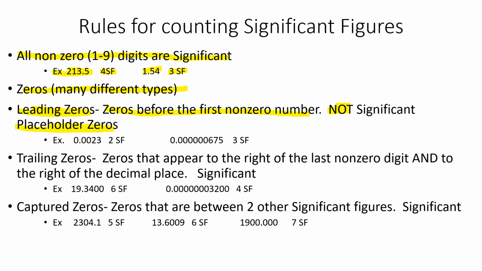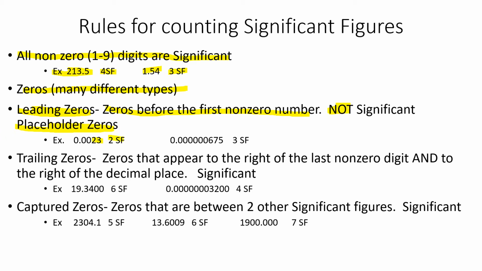Here we have two examples of leading zeros. The first one, 0.0023. All of these zeros appear before the first non-zero digit. That means those zeros are not significant. So the zeros aren't significant, but the 2 and the 3 are.